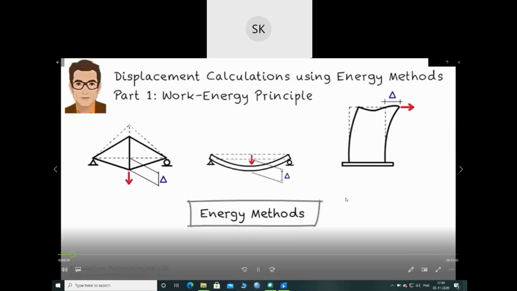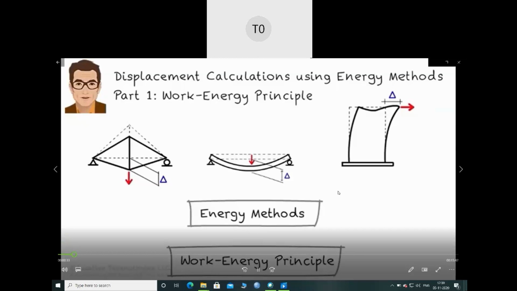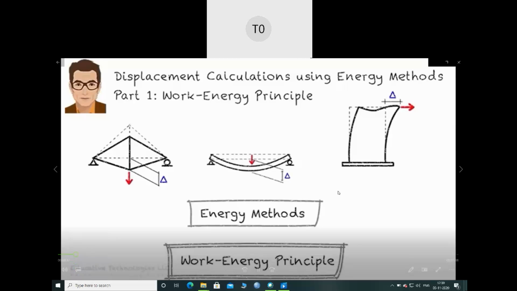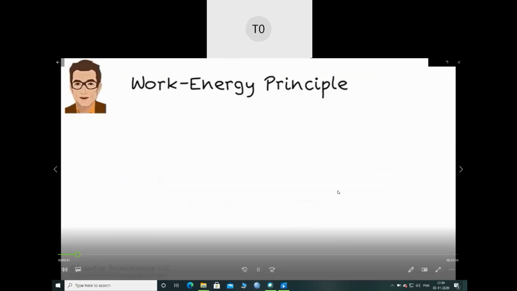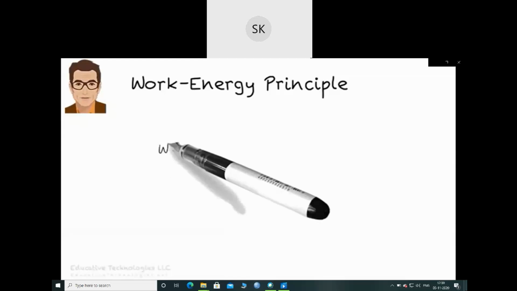In context of simple structures, in essence, the work energy principle states that work done by forces acting on an isolated system, such as a structure, equals the change in the system's internal energy.